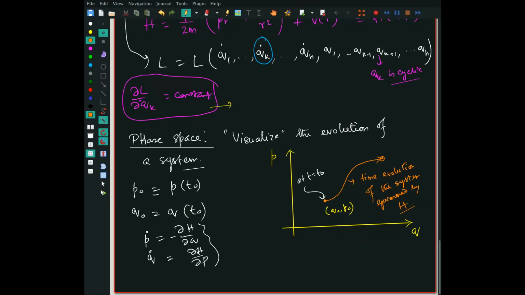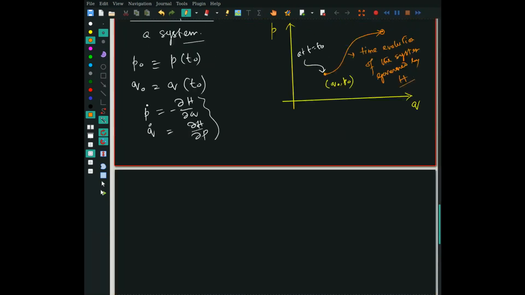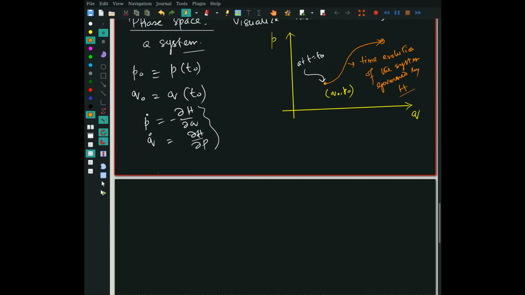You can think about how you construct this kind of path. This is a very important insight that you should get used to when you later do things. That basically tells you, after time t, dp dt is equal to minus del H del q.